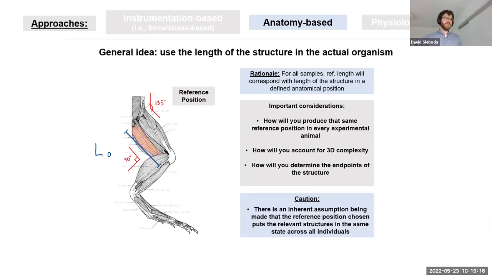And finally, I want to caution that there is an inherent assumption being made if you're going to use this reference position idea. The assumption is that the reference position chosen puts the relevant structures in the same physiological state across all individuals. For lack of better words, it's assuming that it feels the same for 2 organisms. So imagine if I sit cross-legged on the floor and you sit cross-legged on the floor so that our limbs are in anatomically similar positions.